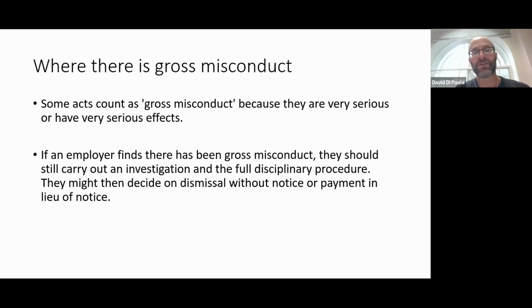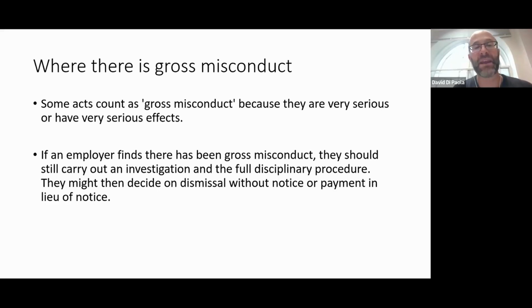If an employer finds there's been gross misconduct, they should carry out a full investigation and full disciplinary procedure. Examples of gross misconduct might be if you turn up to your employment under the influence of alcohol or drugs, or if you have been convicted of a serious criminal offence, or you have committed fraud against your employer or something like that.